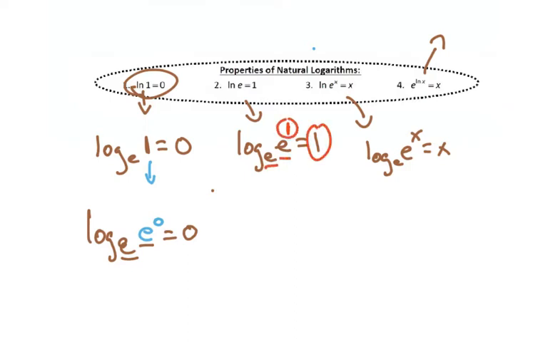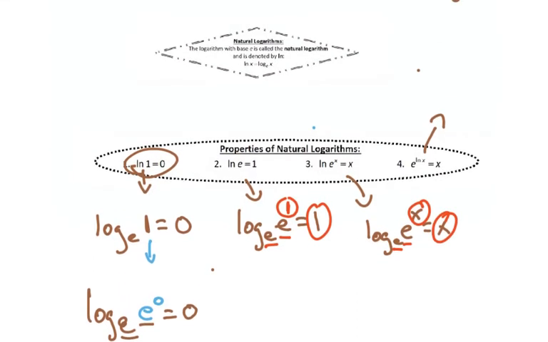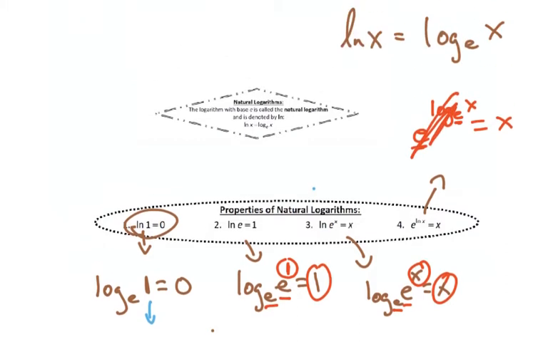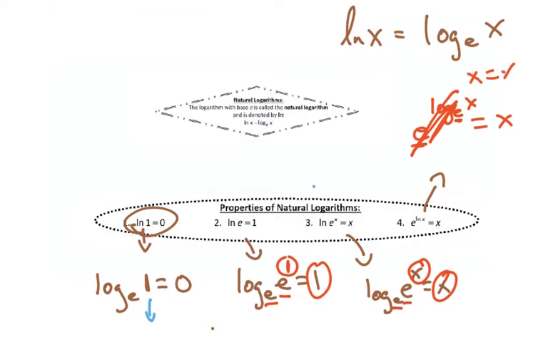It's 1, so this is 1. What's here? The exponent is x, so this is x. Okay. We made the argument that when these match up, we can just say those go away, and then we're left with just x equals x. And that's okay.